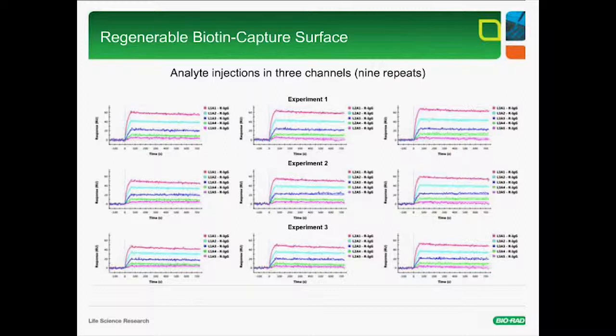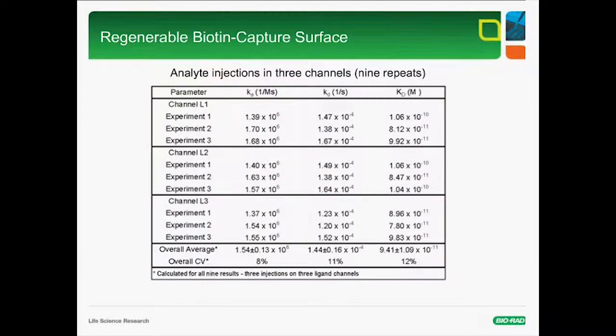And the regeneration had high performance so that the sensorgrams are consistent between the different cycles. And this table shows the kinetic constants and equilibrium constants we obtained from the 3 experiments, which were from the 3 consecutive cycles. And these parameters are all consistent, which validates the workflow of this regenerable Biotin-Capture surface.